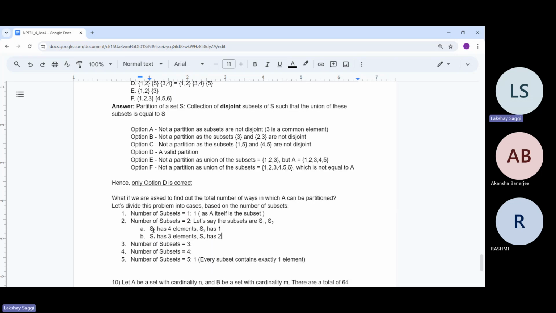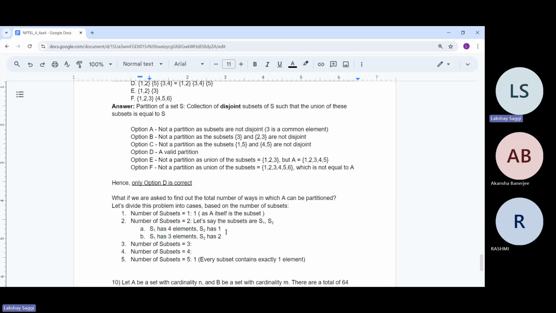Note that since ordering does not matter in a partition, we don't need those cases where S1 has 2 elements and S2 has 3 elements, because we are assuming the ordering of the subsets does not matter. That's why we only need to handle these cases. The first subset has 4 elements, the second has 1.